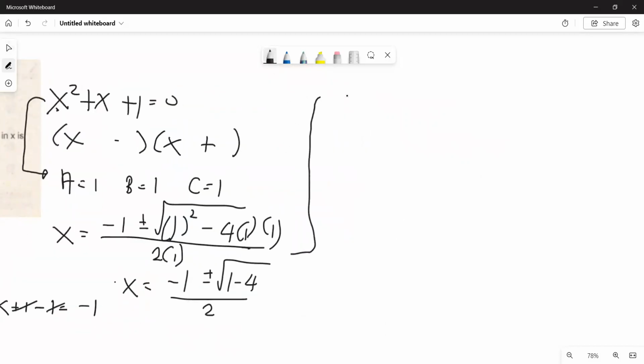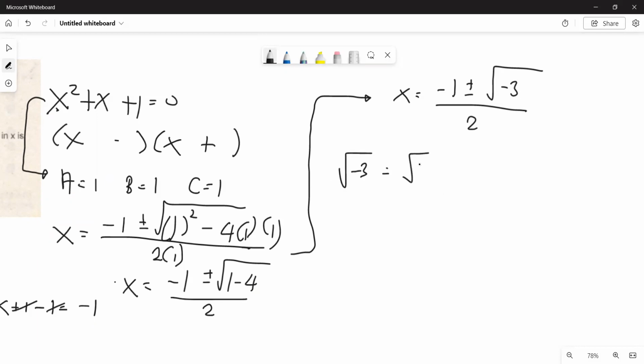We continue here. So you have x equals -1 plus or minus the square root of -3, all over 2. We can rewrite -3 as -1 times 3.